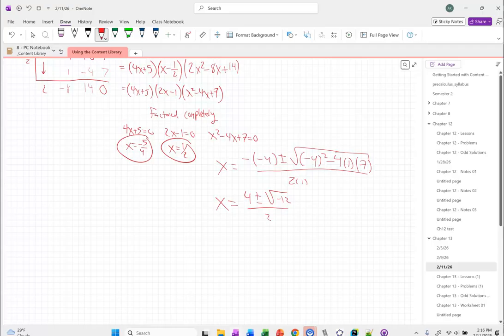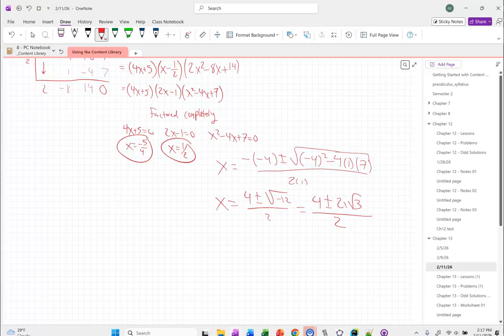How do I reduce the radicals? Square root of negative 12. Imaginary, or 2i. 2i root 3 is correct. Again, 12 is 4 times 3, so the square root of 4 is 2. The negative under the radical makes the i, and then we still have the square root of 3 left.